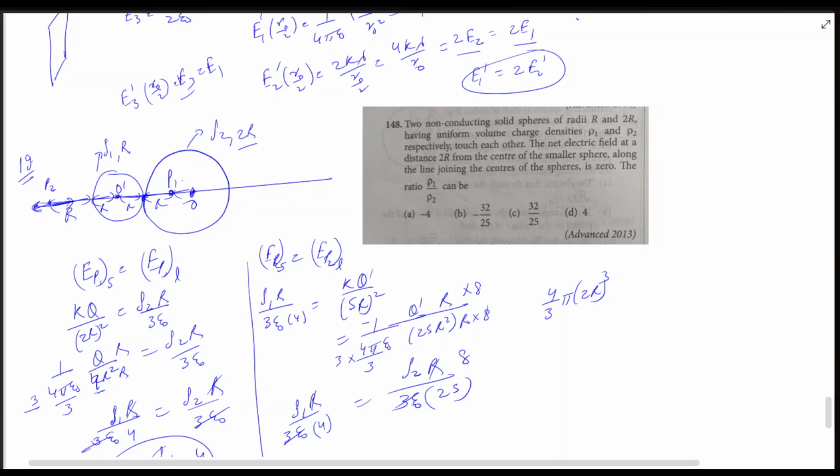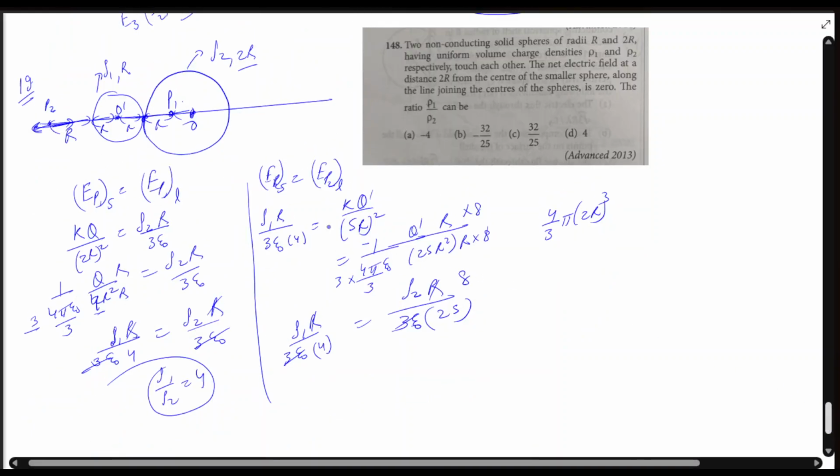Look, in the first case, both must be positive because this will repel this point and this will also repel this point. Okay. But in this case, if this is repelling, this must be attracting. Okay. So it will be minus. So rho 1 by rho 2 will be minus 32 by 25.